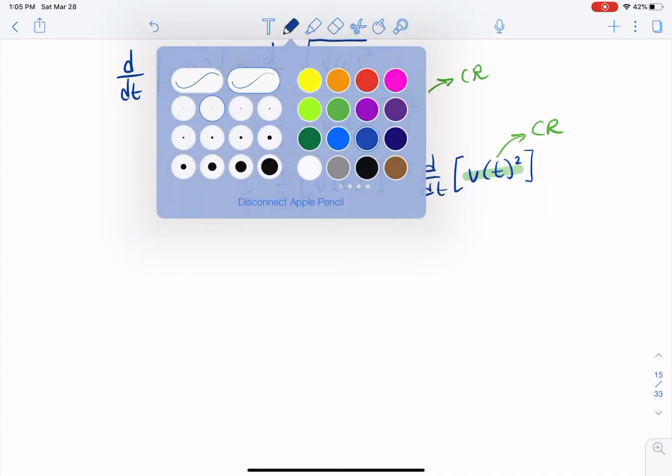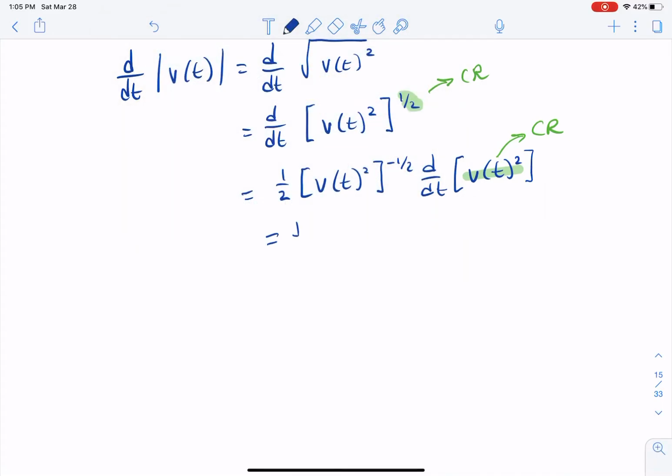Okay, so let's keep going. I'll bring this other stuff down to the -1/2, and then I'll have to leapfrog this 2 down again, so I'll have 2 times my velocity function, subtract 1 from that exponent, just get 1, and then chain rule tells me that I've got to take the derivative of the inside part, which is v prime of t.